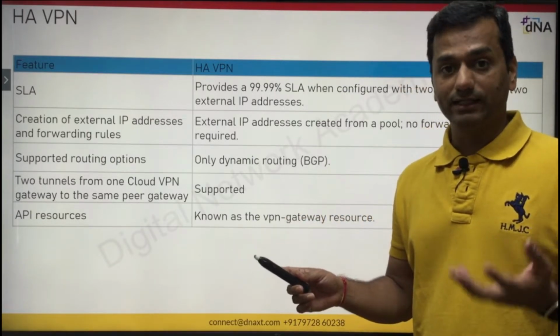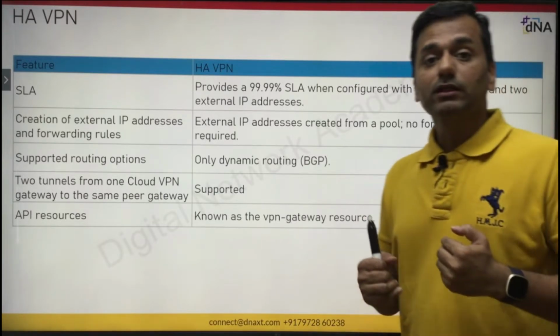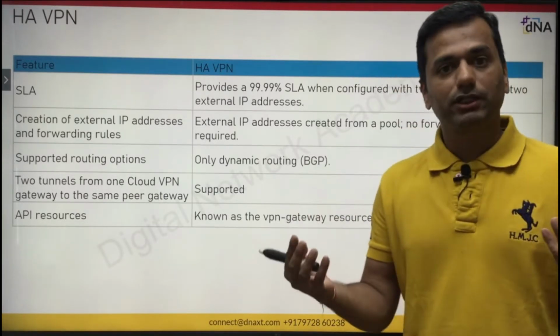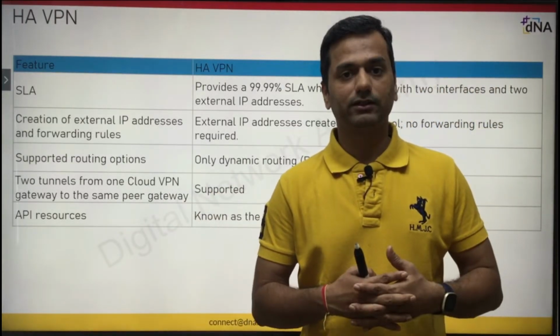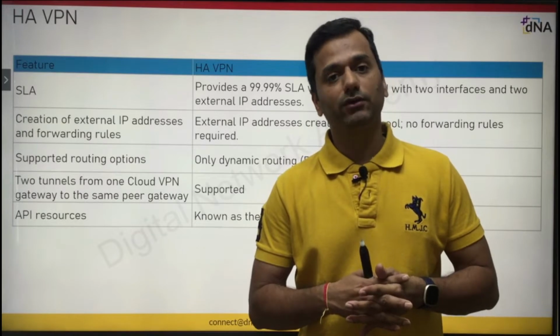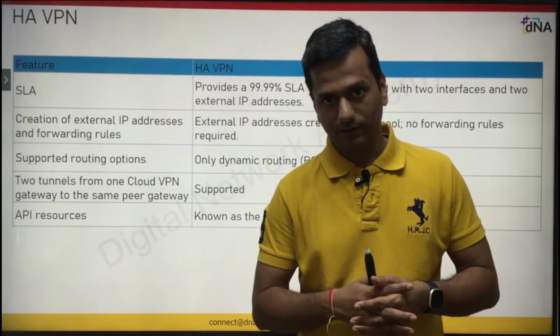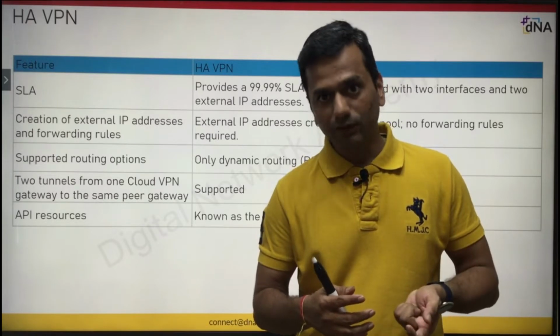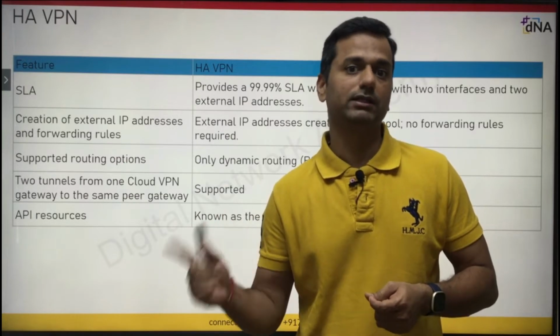Next, to establish an IPsec tunnel between the two peers, you require UDP port 500 and UDP port 4500. One is for IKE on port 500 and one is for NAT traversal on 4500.